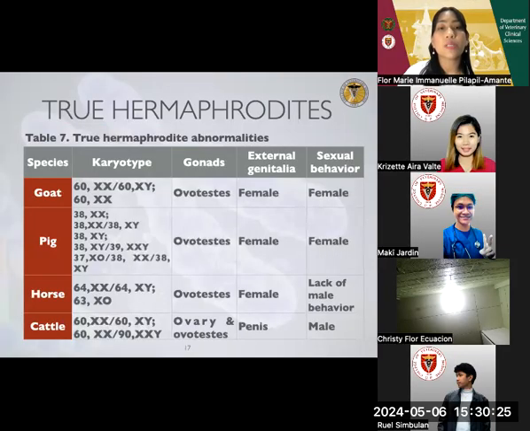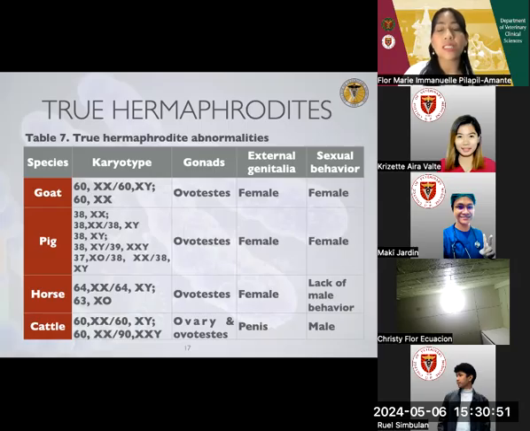For true hermaphrodite abnormalities in the goat, the karyotype would either show as your normal 60XX or it could be 60XY. So the gonads that can be present would be both the ovaries and the testicles. The external genitalia would be female and the sexual behavior would be female. That would be the same for the pigs.